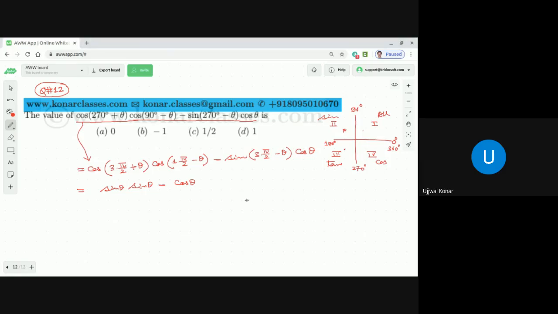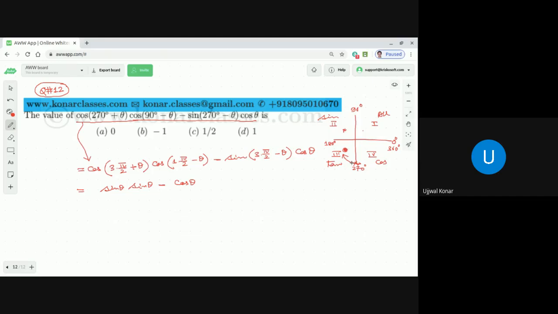Correct? So what we are going to get from this, just a minute. It is minus of sine of 270 minus theta, that is 3 into pi by 2 minus theta. Sorry, it is in the third quadrant. 3 into pi by 2 is here, and then minus theta, so 270 minus theta is in the third quadrant.